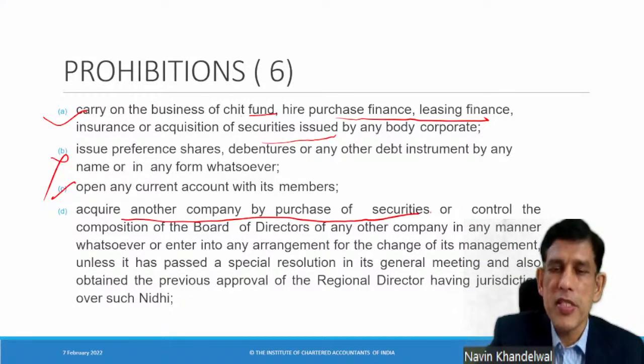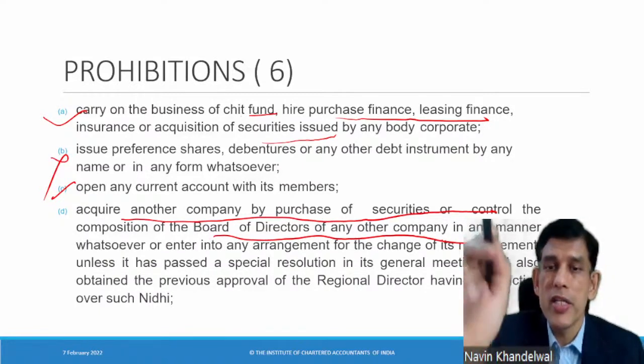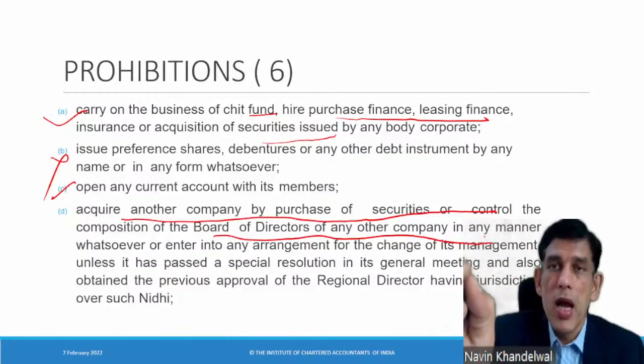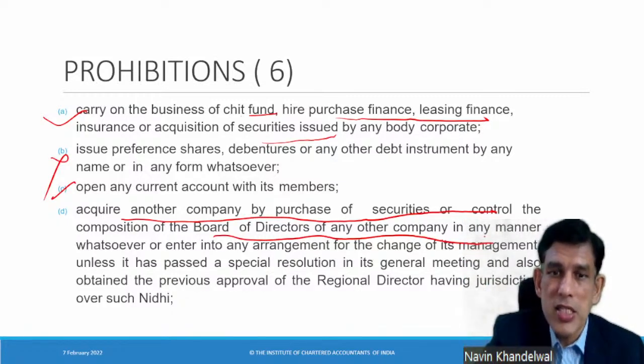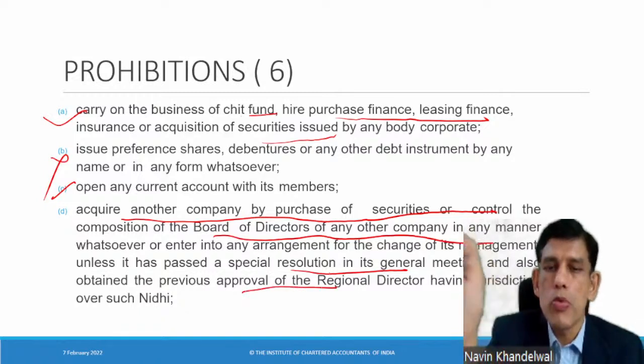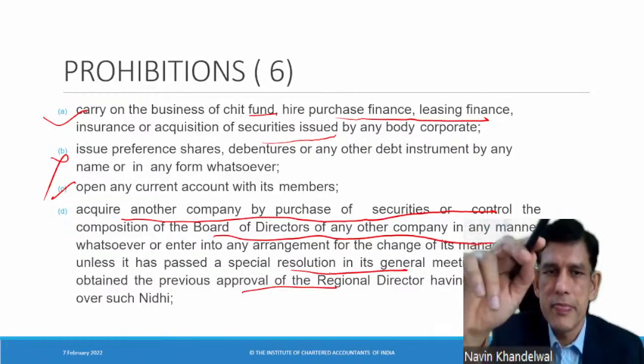Acquire another company by purchase of securities or control the composition of board of directors of any other company in any manner whatsoever, or enter into an arrangement for the change of its management, unless it has passed a special resolution in its general meeting and obtained the previous approval of the regional directorate.